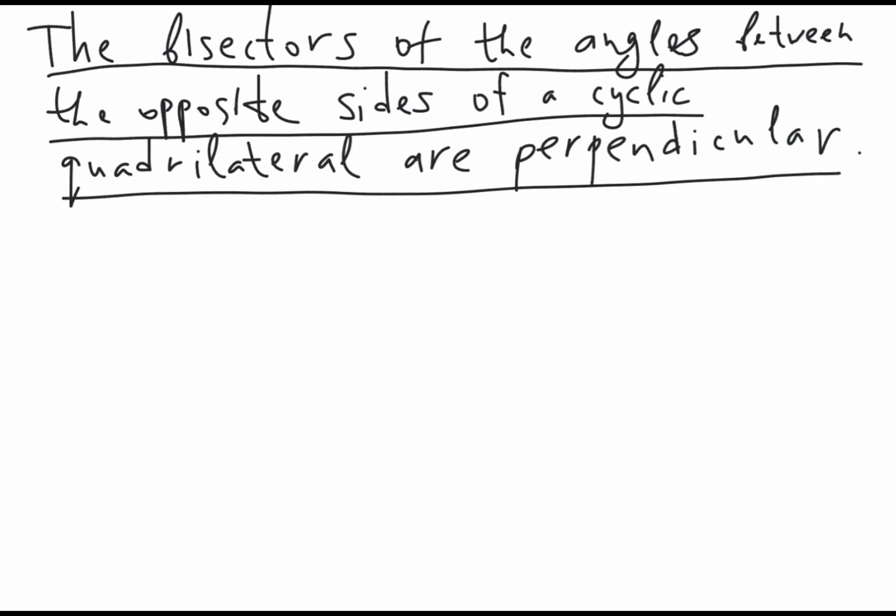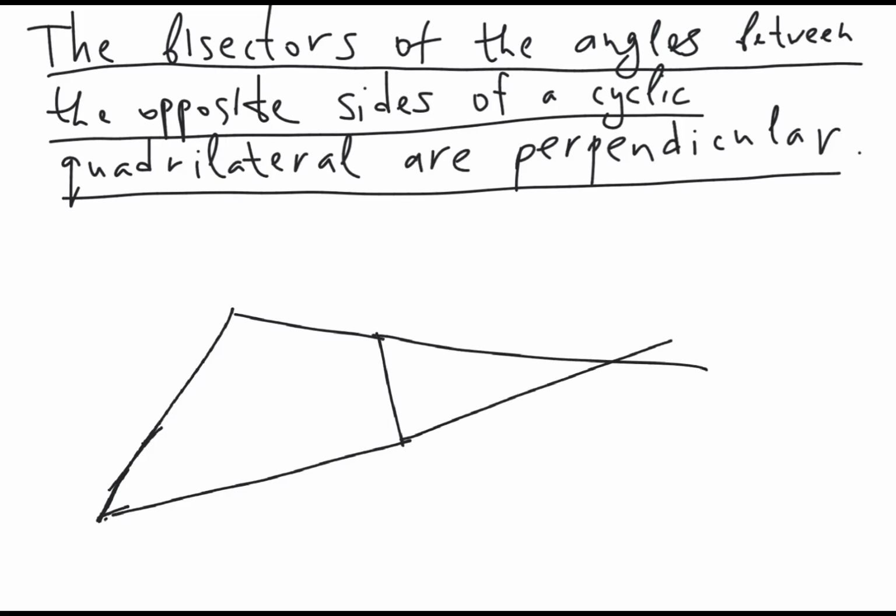So basically we have a quadrilateral, something like this. And we consider the angles between the opposite sides. So we extend the sides until their intersections.